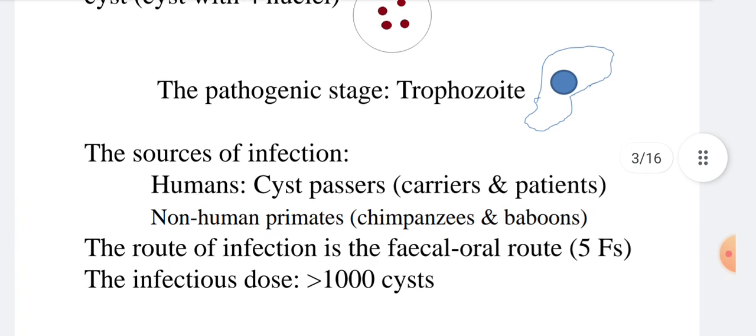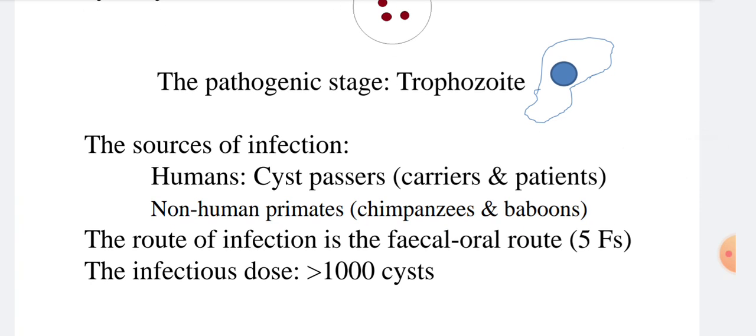The sources of infection are humans, cyst passers, people who pass cyst in their stool, being carriers or patients. Regarding disease spread in the community, carriers are more dangerous than the patients. Also, amoebiasis had been reported in non-human primates such as chimpanzees and baboons.